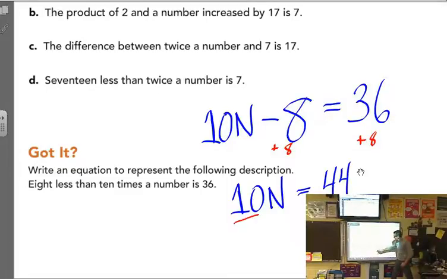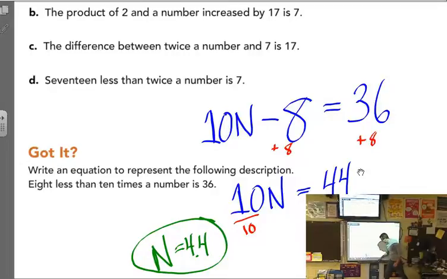And when I divide by 10 to isolate my variable there, I get that n will be equal to, and I don't even know if you can see because my screen is probably blocking this, so we get n is equal to 4.4. So that would be our number in this situation. That is the end of 8.2 for solving equations using multiplication, division, and the two-step process.